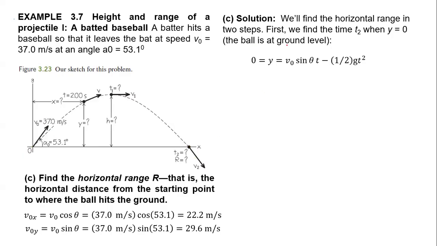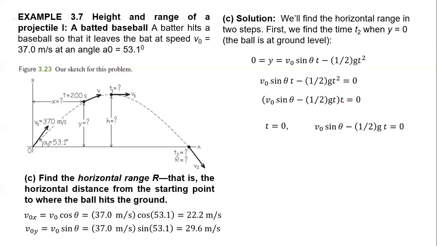The ball is at the ground level. So solving for this, since y is equal to 0, our equation will look like this. And then we factor out t. So we have t times v sub o sine theta minus 1/2 g t.